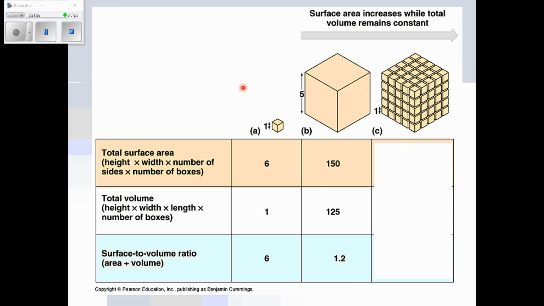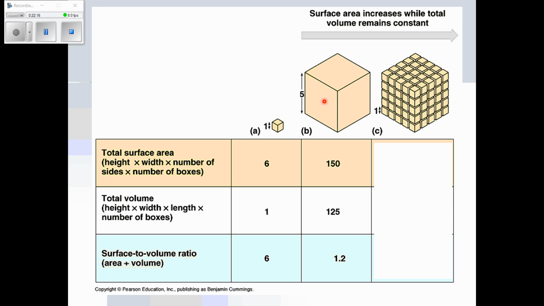So this turns out to be one of the most basic fundamental reasons why cells are small. There's a reason why we need a microscope to see most cells. It's because only the tiniest of cells are going to have a healthy surface area to volume ratio.